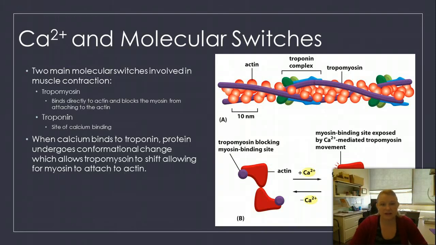And as calcium comes back off, they move back, prohibiting the contraction from continuing. So it's important to see how this works. If I went through that too fast, let me know and we'll go over it a little more in class, or feel free to rewind. But make sure you understand this. We talked about the importance of calcium in an earlier chapter, I think it was 15. This is once again showing us just how important calcium is to our bodies.